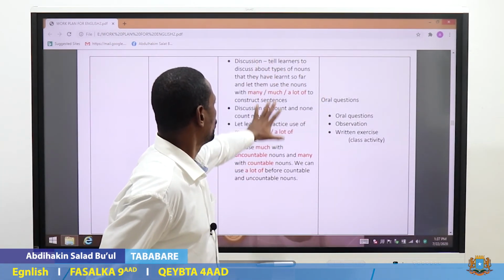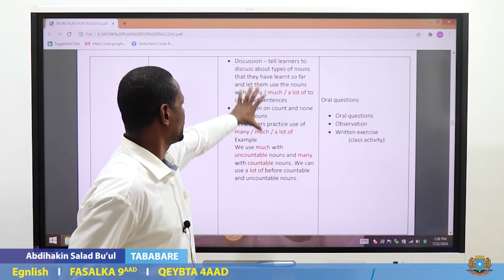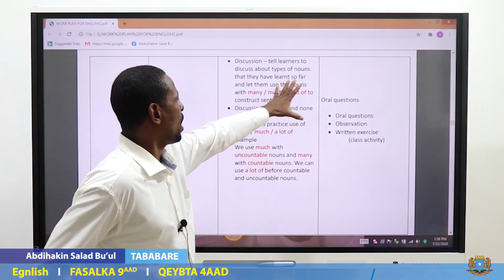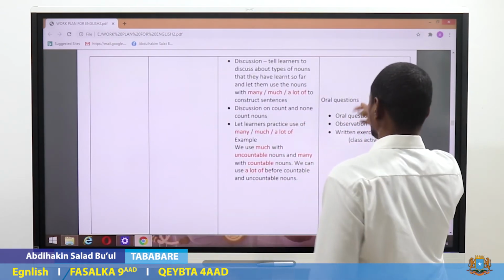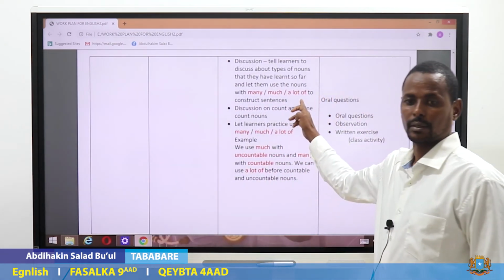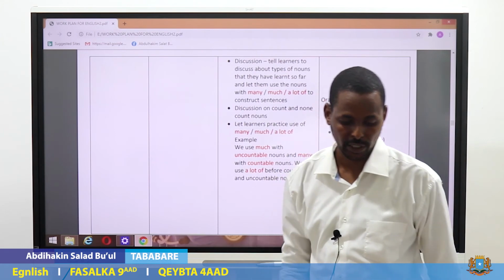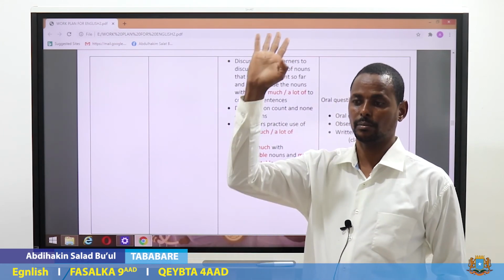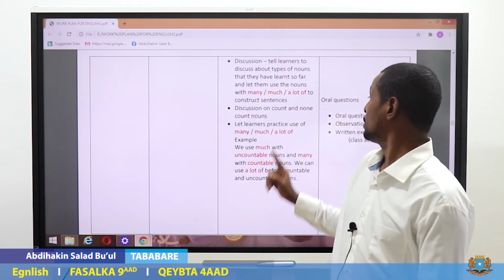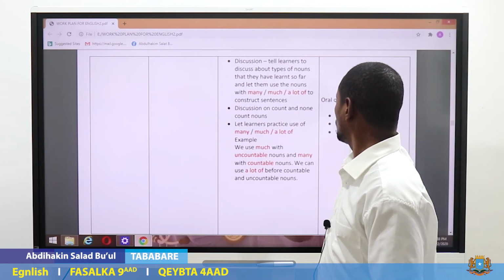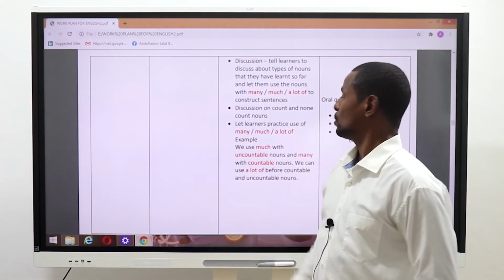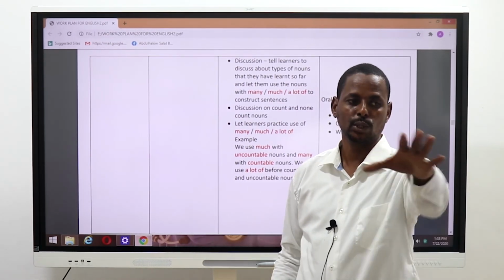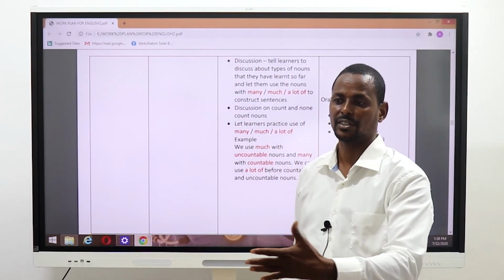So when they have discussed and written their sentences, how am I going to assess with oral questions? Okay, who has written sentences? By show of hand, tell me. Which one have you used? Many. Which noun have you used? Read your sentence. The student reads their sentence.